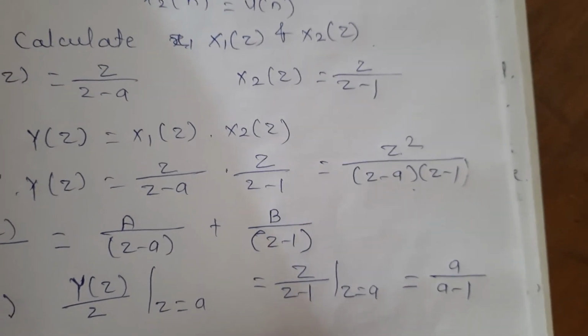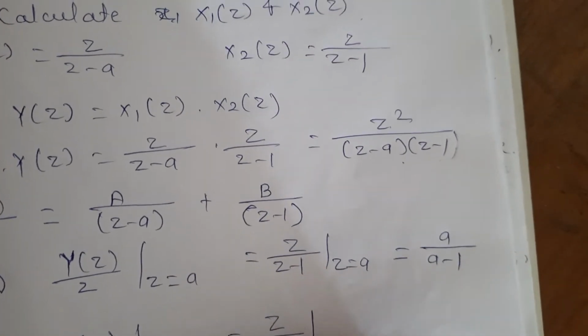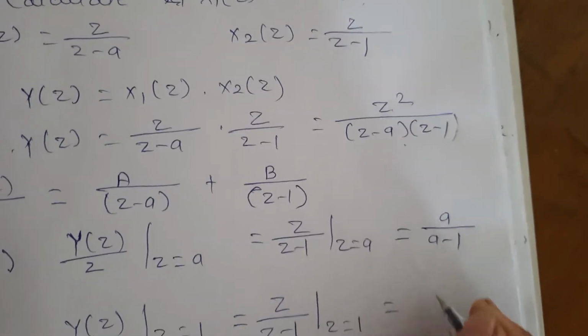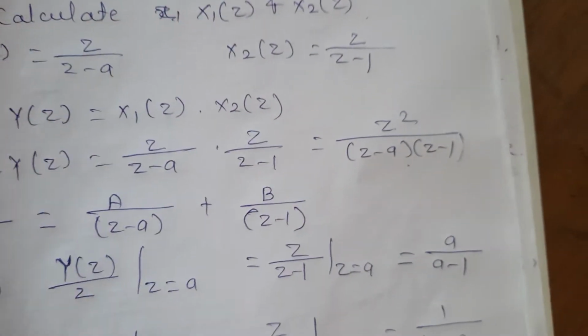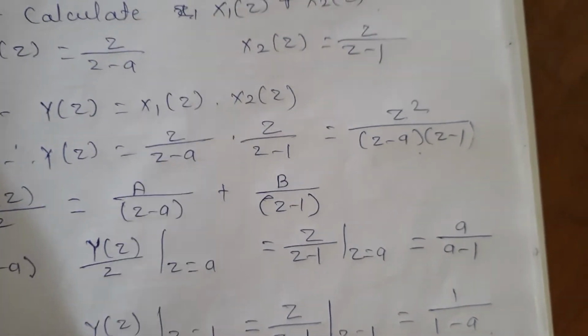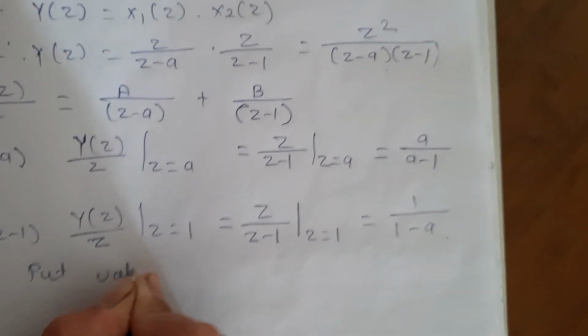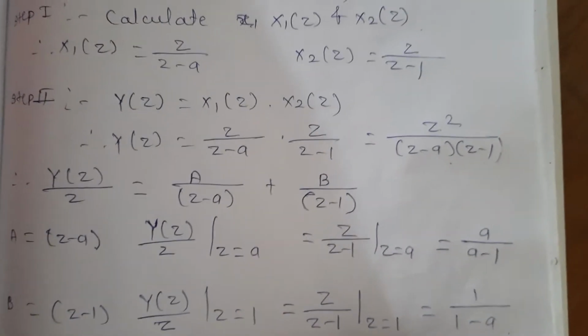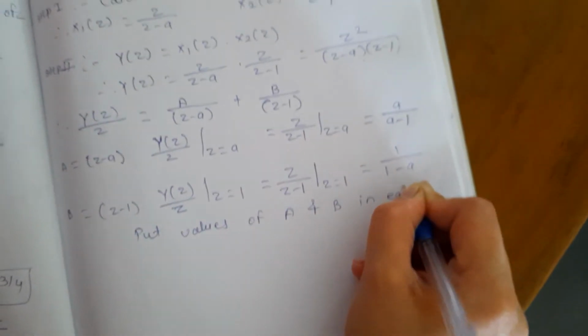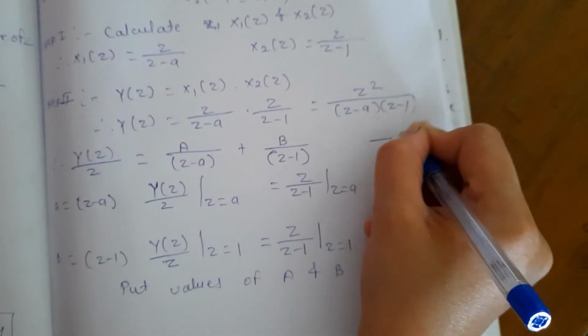Then the next step is B is 1 by 1 minus a. Now put the values of A and B in equation 1. This is equation 1.